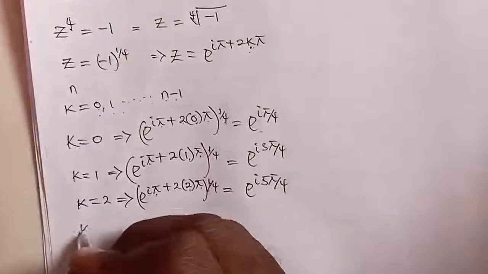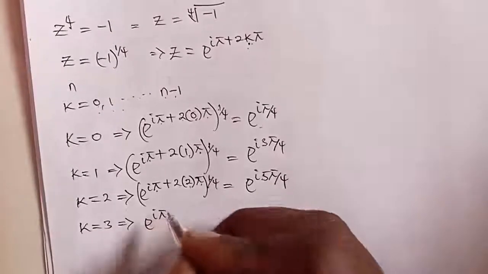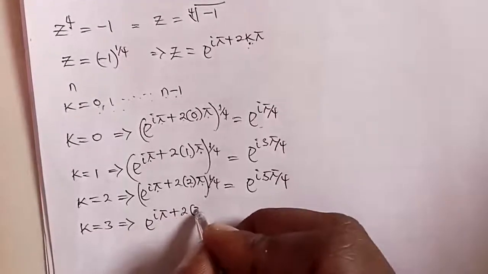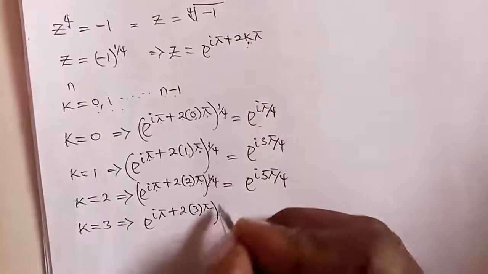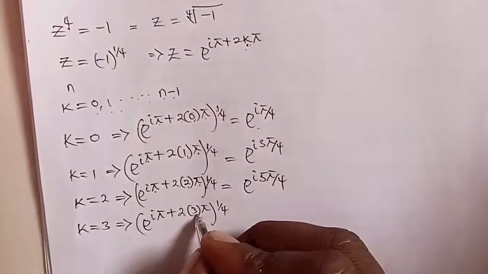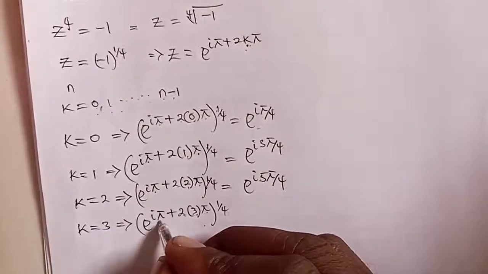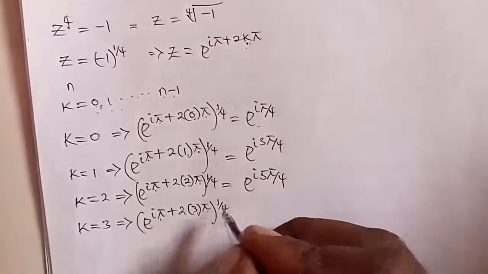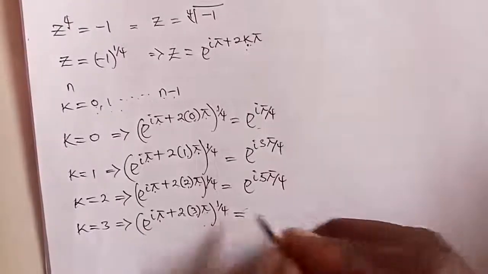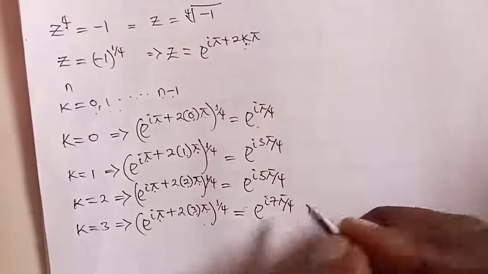Now the remaining one, when k is 3, we're going to have e^(i(pi + 2 times 3 times pi)) raised to power 1 over 4. 2 times 3 is 6, 6 times pi is 6 pi. So 6 pi plus 1 pi is 7 pi, and 7 pi over 4. So we have e^(i 7 pi/4).